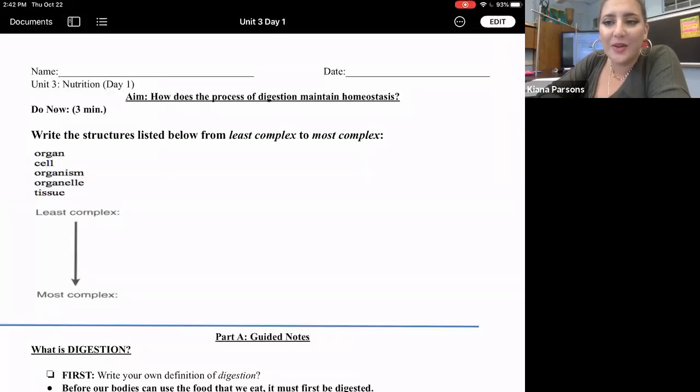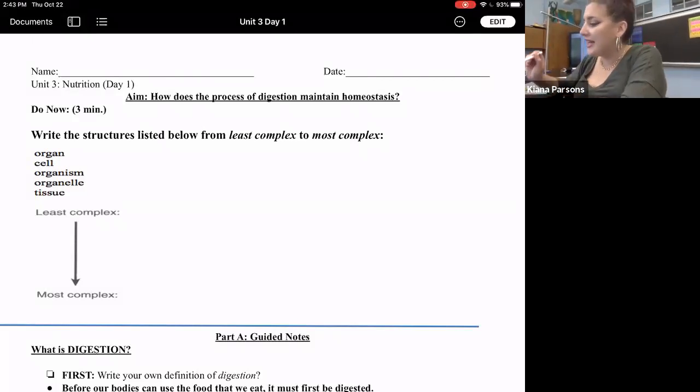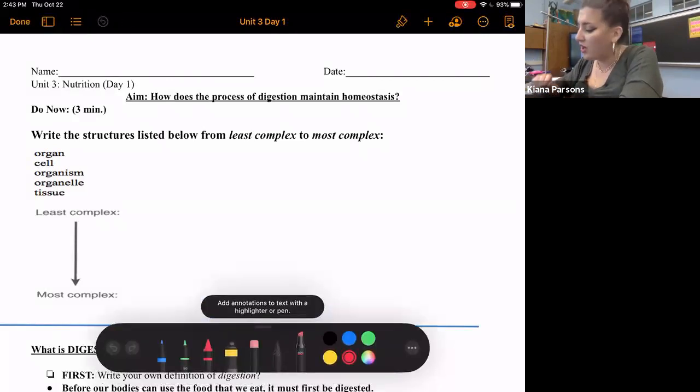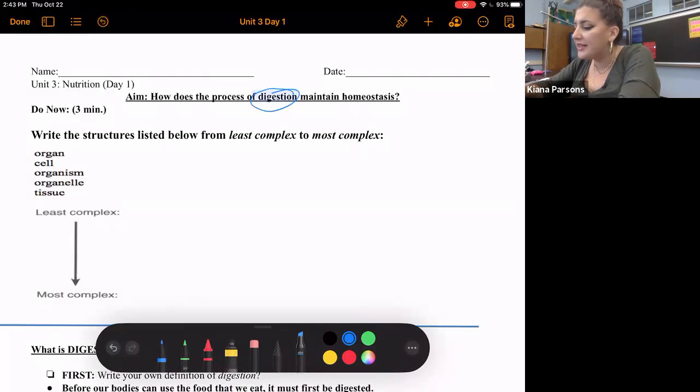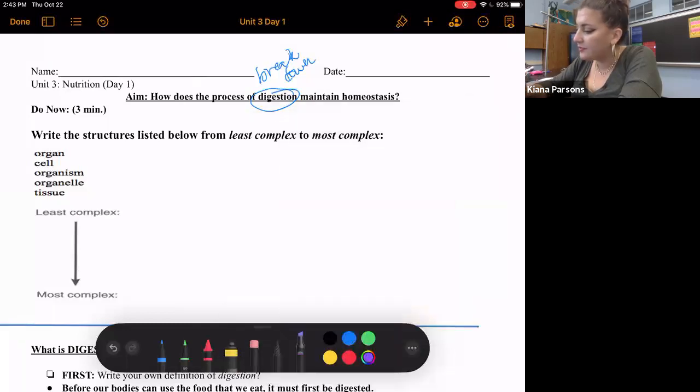All right, so we're looking at Unit 3, Day 1, and today's aim is how does the process of digestion maintain homeostasis? So there's already a couple of things that I hope that you want to annotate on your handout. So we know that digestion is the breakdown of materials, and homeostasis is what everything's all about in biology.